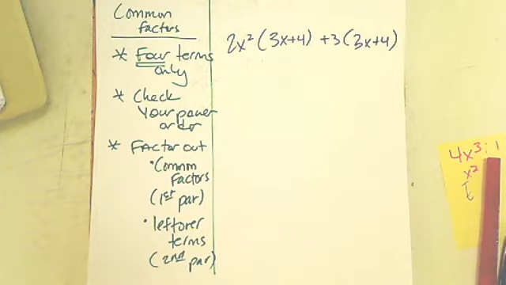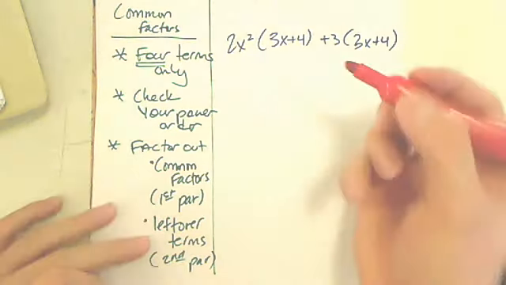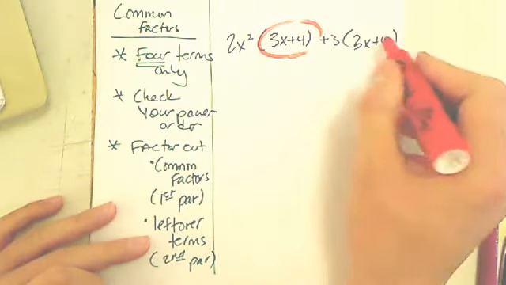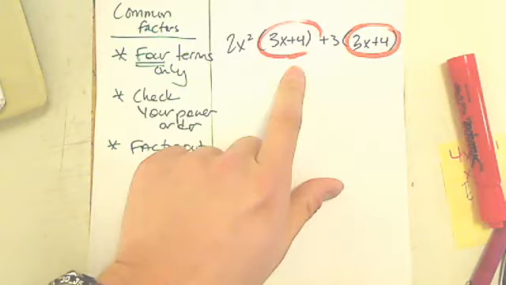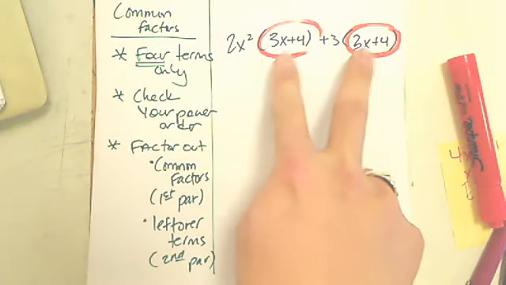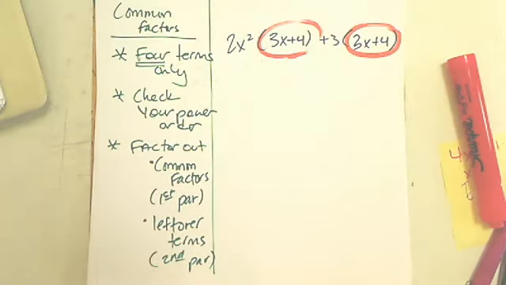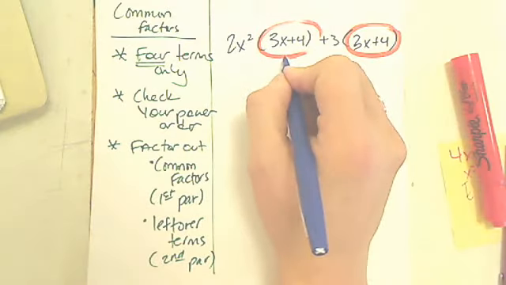There are 2 parentheses. More specifically, they're the same inside. They're common. The parentheses must be the same inside, or else it's not common. This is common, and this is common.